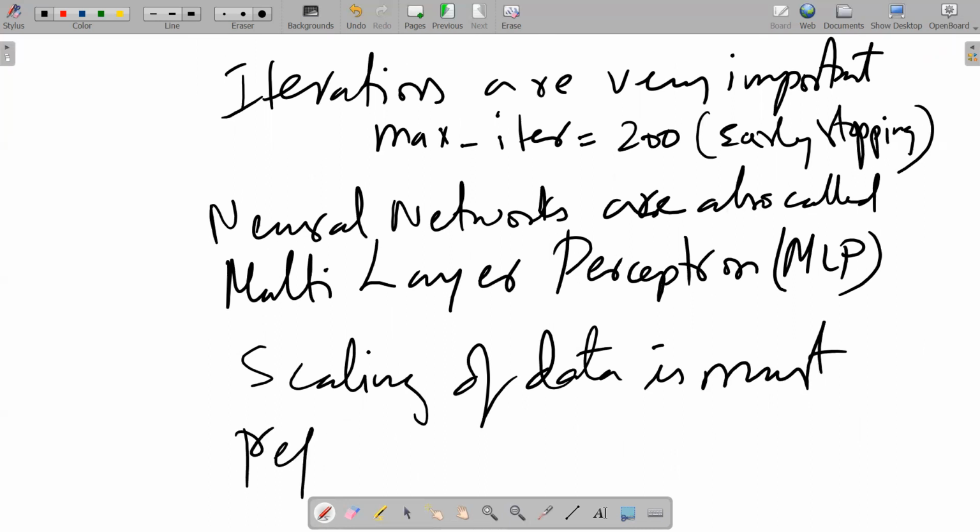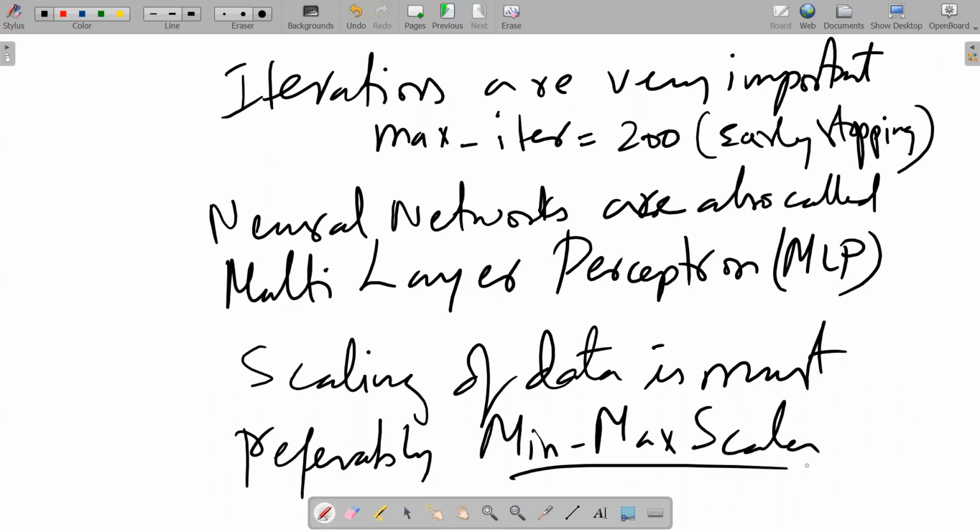And preferably min-max scaler, because it does not generate negative values, right? 0 to 1. So scaling is a must. The numeric variables must be scaled for computational purposes.